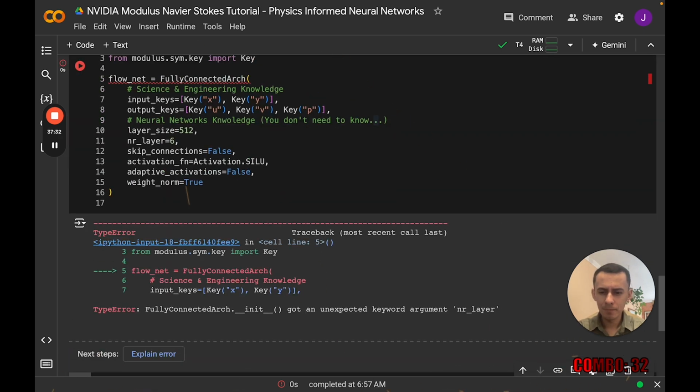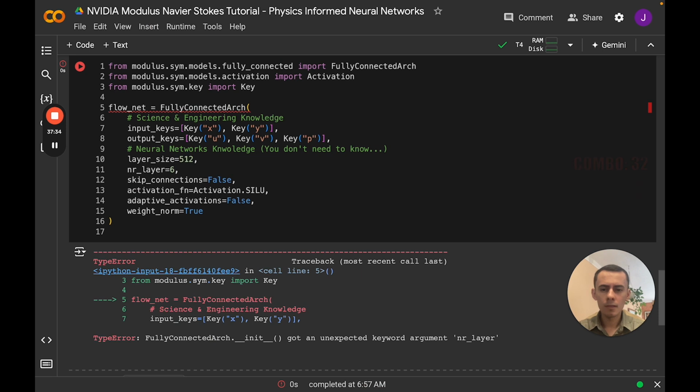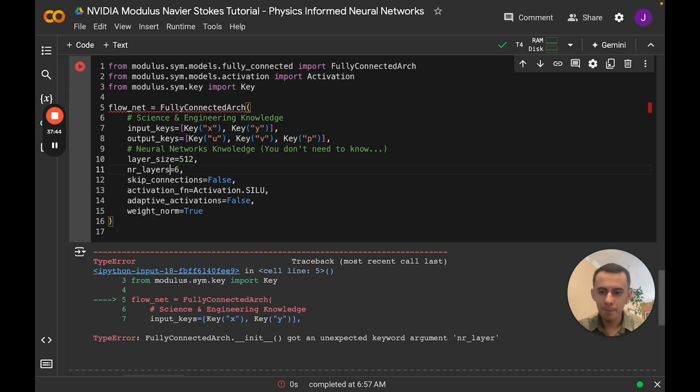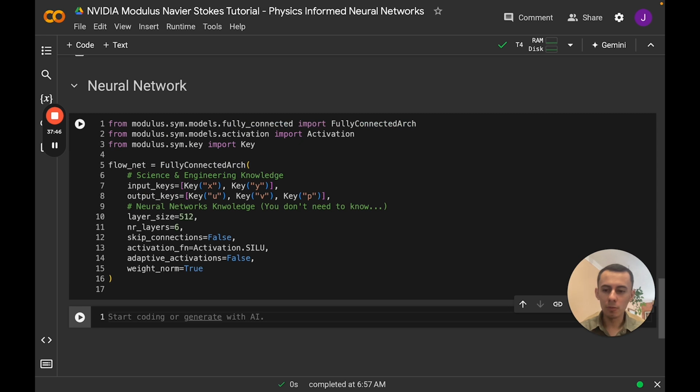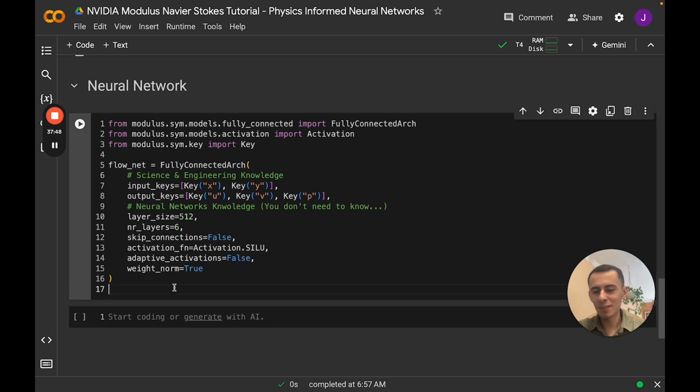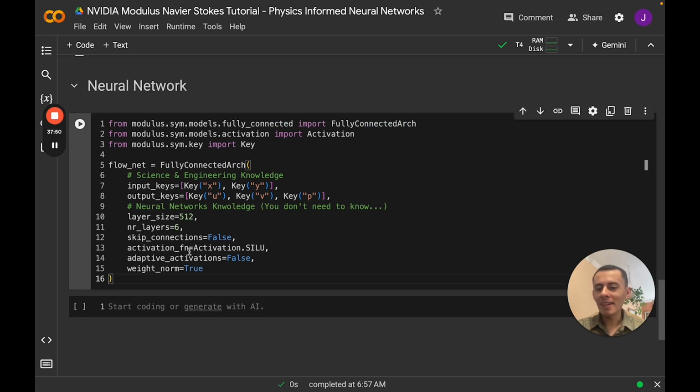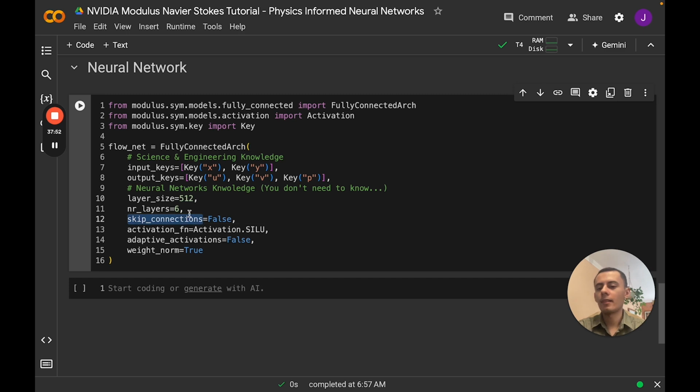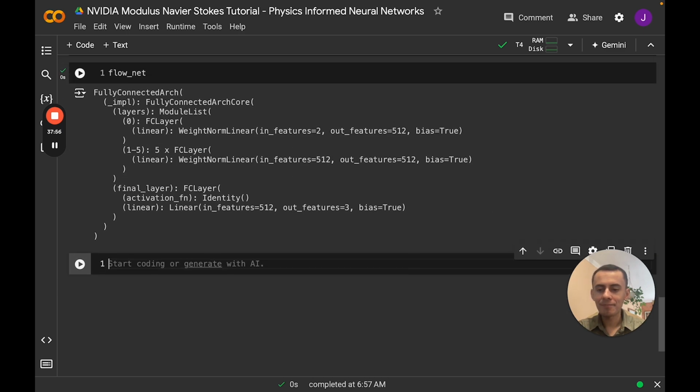Okay, cool. I made a typo in our layer. What's going on here? In our layers, yeah. This is the only issue with doing things explicitly. You've got to get it completely right. In our layers. So now we have this object.